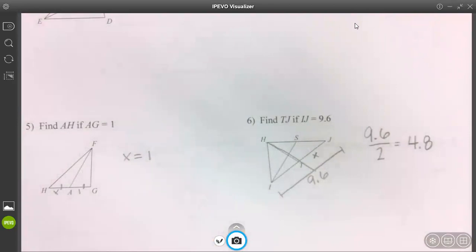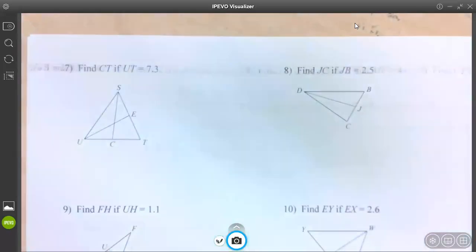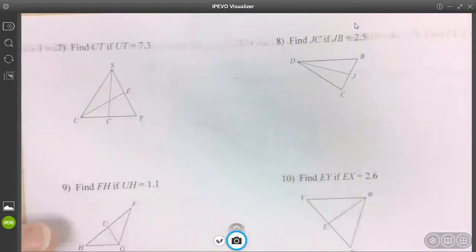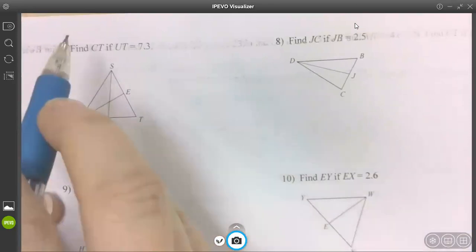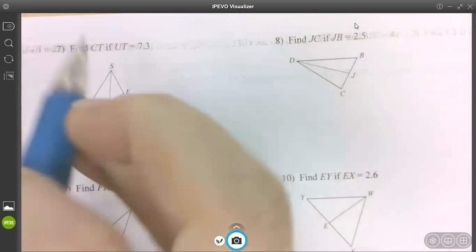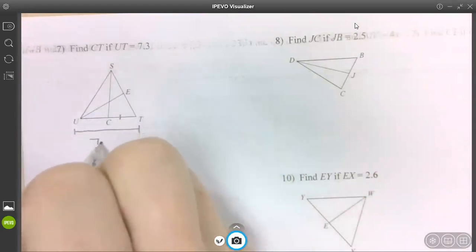Okay. First page down, it's pretty simple. On this page, we'll skip a few. We're not going to skip yet, but we will in a minute. So just understand that we're not going to do every one on this page yet, but we will. So again, they added another line. Don't stress out about it. Just ignore it. We want to find CT, which is this part. They give us that UT, the full length, is 7.3.